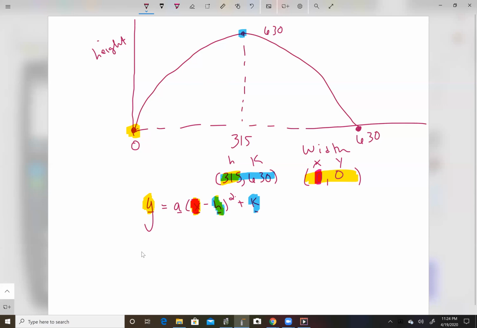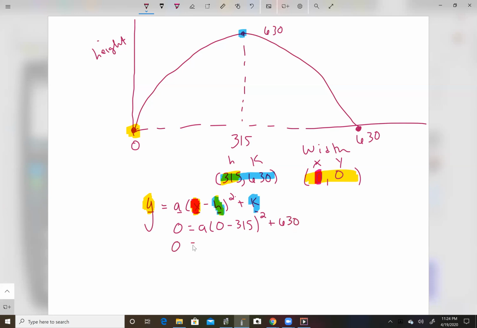Okay, so let me just substitute these in. So my y is 0 equals a, which is what I'm trying to solve for, so that's going to stay there. My x is 0. My h is 315, so we're going to square that. Plus my k is 630. So now I just need to solve for a.